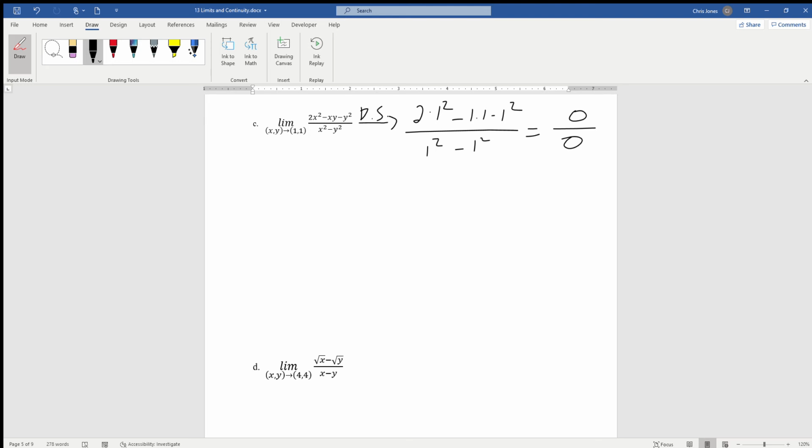So what we are going to do is factor once again. Now the numerator is a little bit trickier, but not too bad. So we have the limit as (x, y) approaches (1, 1). To factor 2x squared minus xy minus y squared, we know that we're probably going to have a 2x and an x to build the 2x squared.